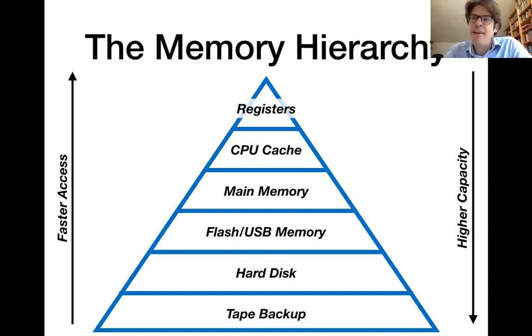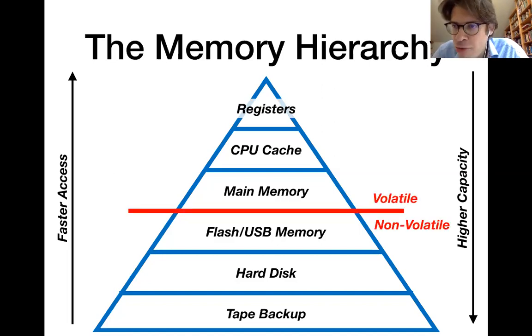So typically the storage layers towards the upper part of this pyramid have faster access times, but they also have less capacity, so you can store less data there.